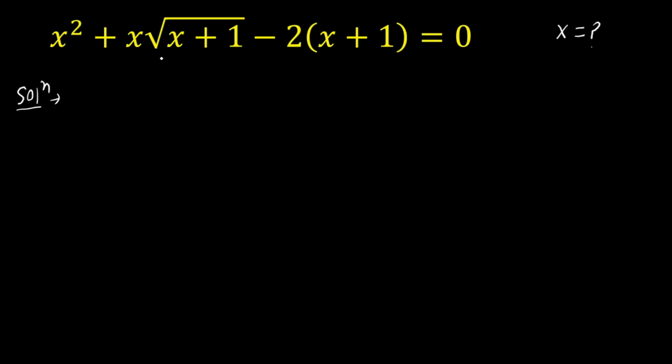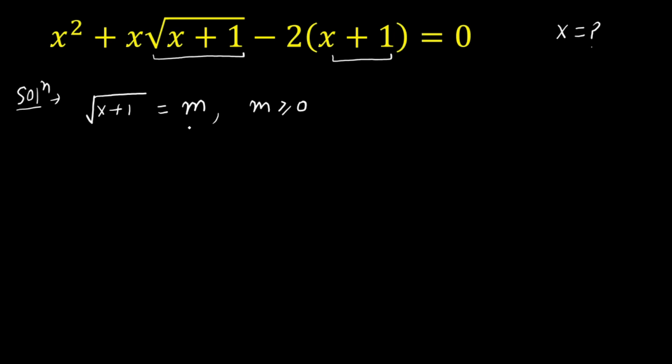Here look carefully, square root of x plus 1 and x plus 1. If we substitute square root of x plus 1 equals m, then this m is greater than or equal to 0.